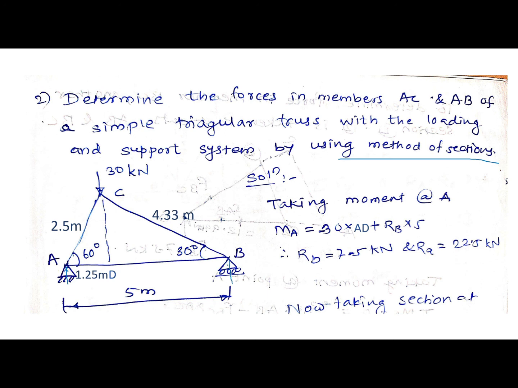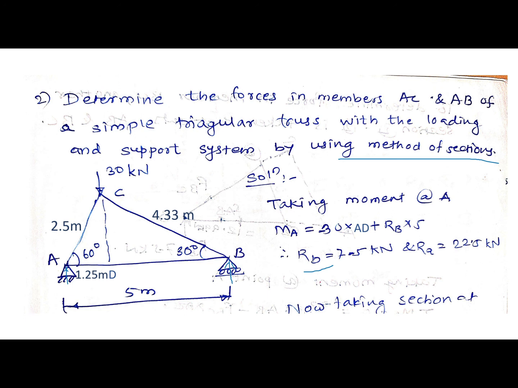Taking moment at point A, so that we can eliminate the reaction at A, we get the value of RB as 7.5 kilonewton, since the point load acting here in the downward direction is 30 kilonewton. Then applying the second condition, resolving the forces in the vertical direction, we get the equation RA plus RB is equal to 30 kilonewton.